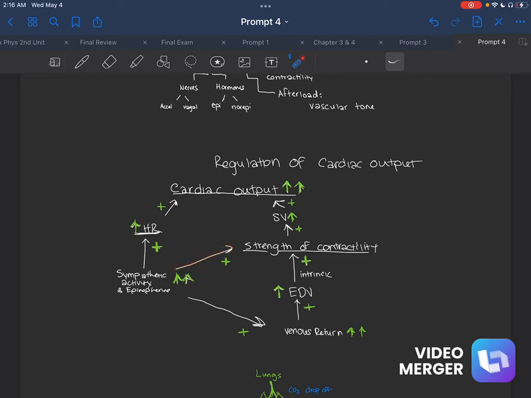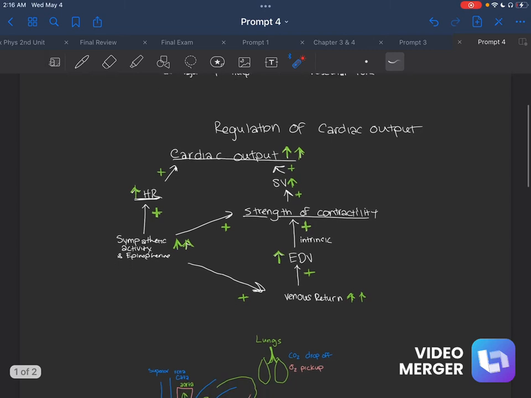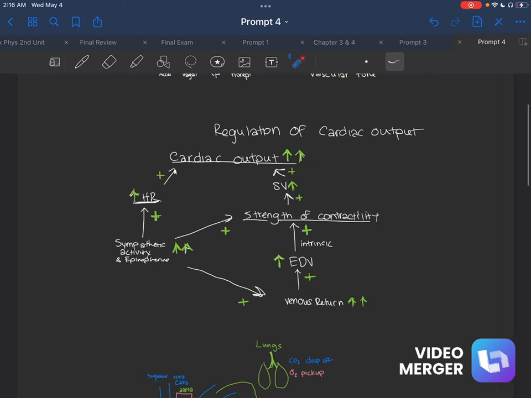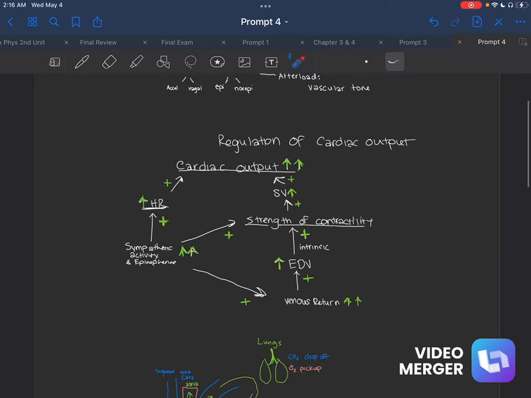Epinephrine also causes an increase of strength of contractility. The stronger it pumps, the more blood you can get out of the system, the stronger the stroke volume, which increases cardiac output as well. If you look as well, you'll see venous return has correlation with the end diastolic volume, which, as we remember, is the blood that fills the ventricles before the squeeze.